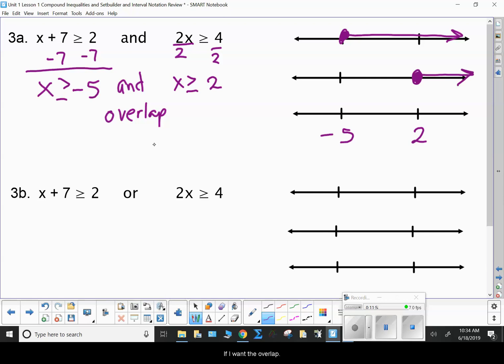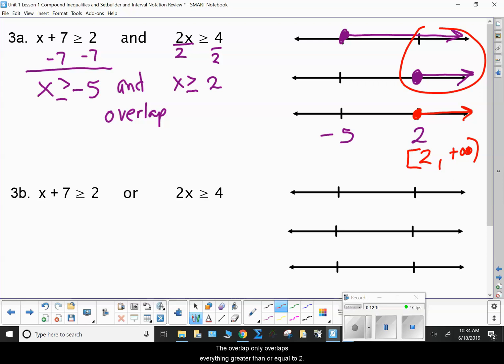If I want the overlap, I'm only overlapping here, so I have a solid point at 2 and graph to the right. In interval notation, that would be 2 to positive infinity. The overlap only overlaps everything greater than or equal to 2. So I can actually also just circle this. In this case, I don't actually need an and.